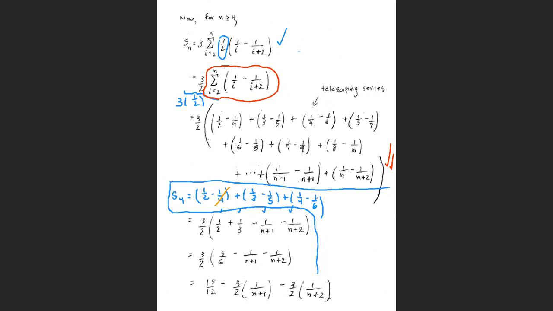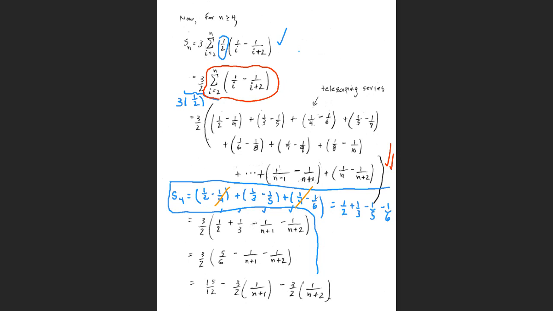So the fourths go out, and you're left with a half plus a third minus a fifth minus a sixth.